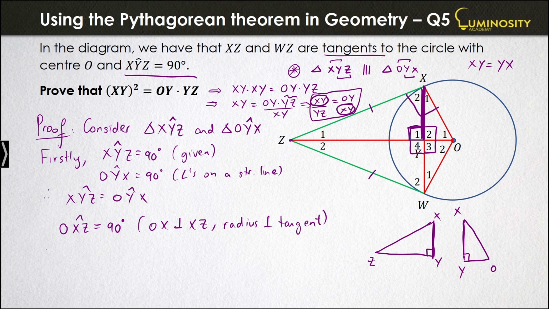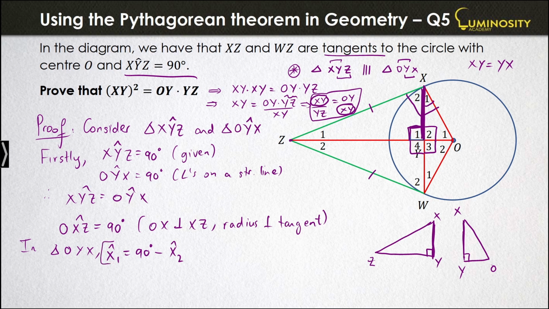So I'm going to say that this angle X1 here, in triangle OYX, must be 90 degrees minus angle X2, because if you add angles X1 and X2 together, you get 90 degrees.